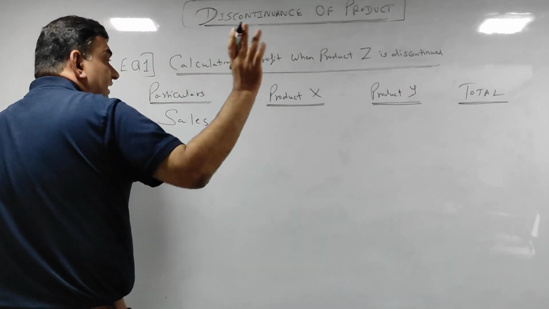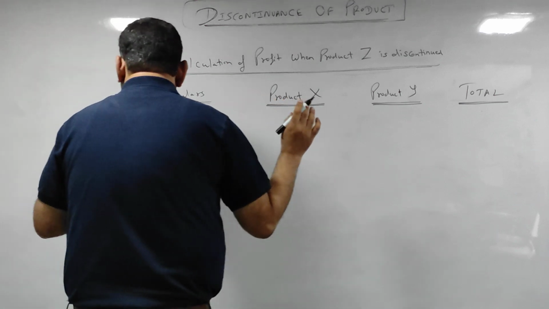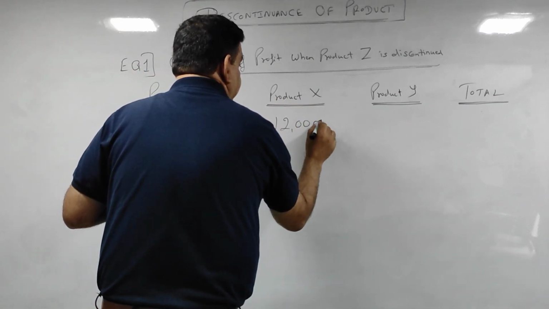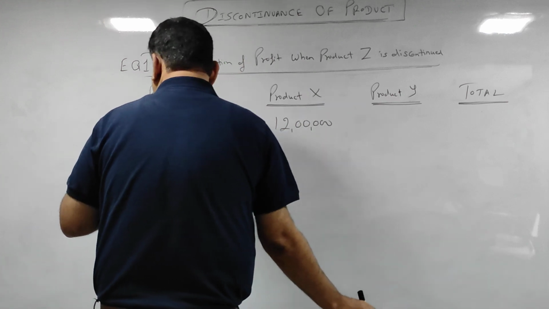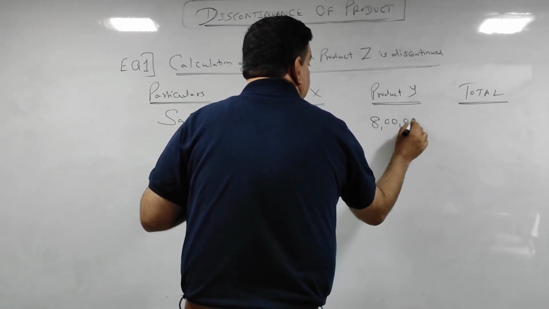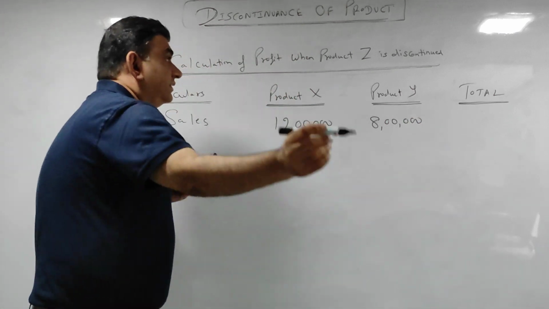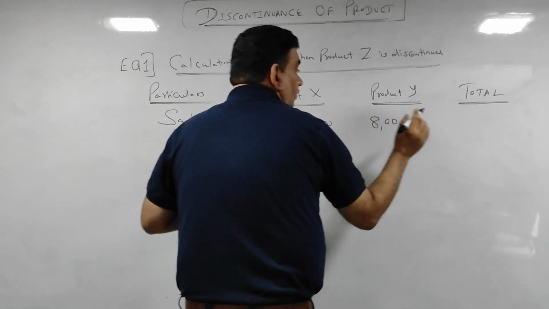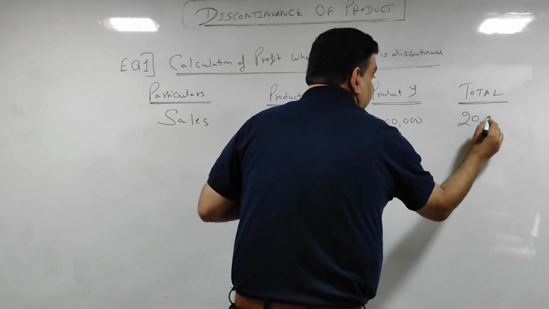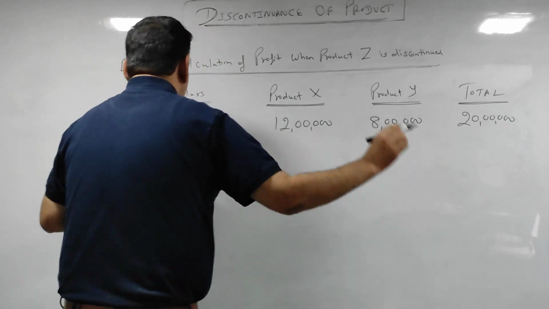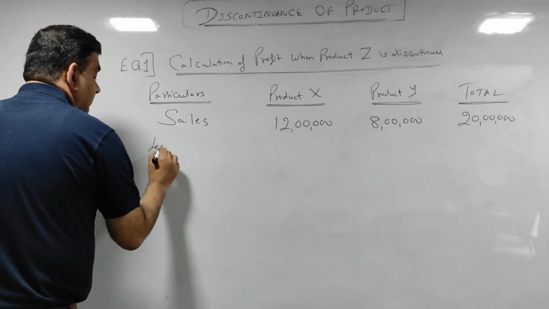This is very simple, but understand the logic. Sales: X's 12 lakhs, Y's 8 lakhs. Remember, what is the heading? Z is discontinued, so Z is out. So 12 plus 8, 20 lakhs.